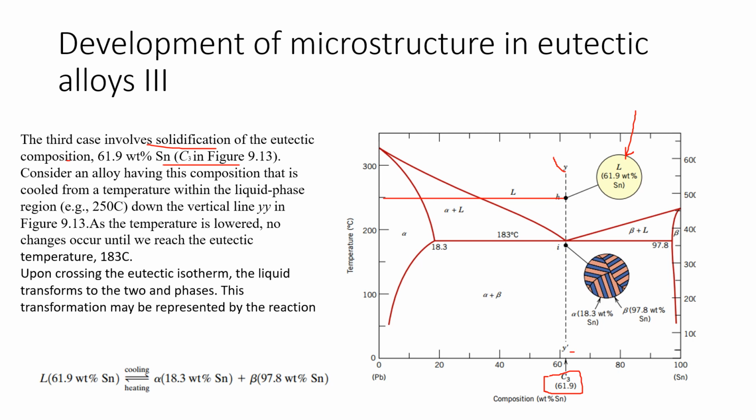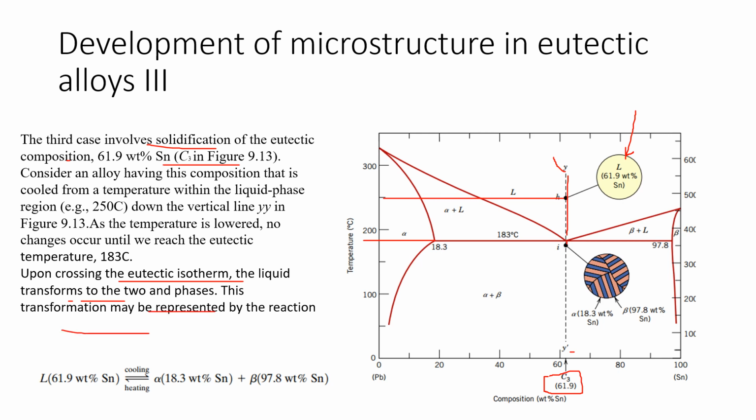So now, as the temperature is lowered, no changes occur until we reach the eutectic temperature, 183 degrees centigrade.